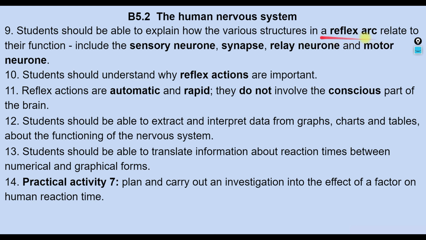A reflex arc is just a little electrical circuit. It's made up of a receptor, a sensory neuron, a relay neuron and a motor neuron, and it helps humans respond very quickly to stimuli that could be damaging.